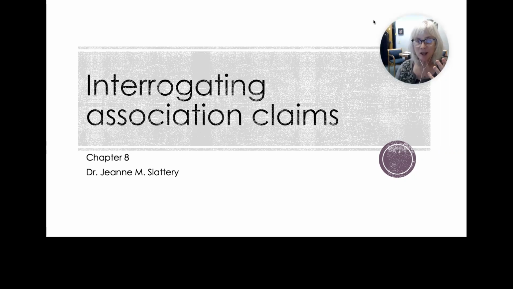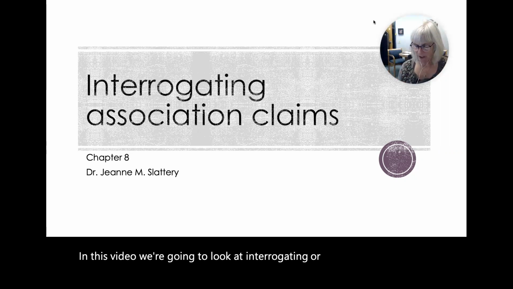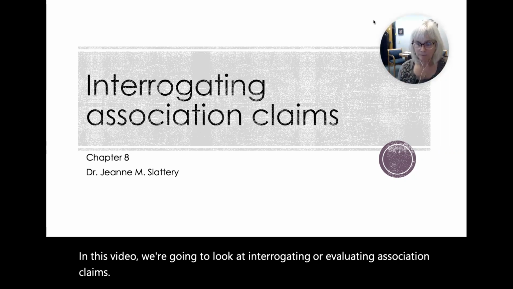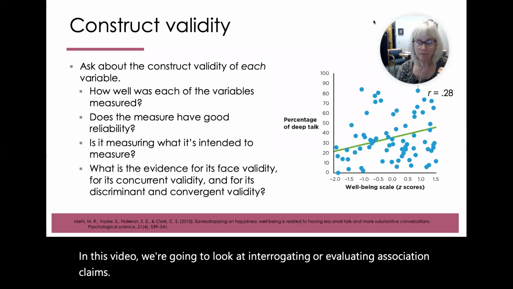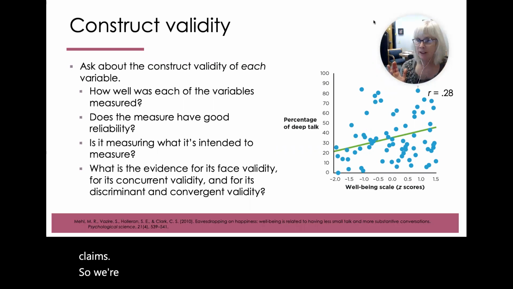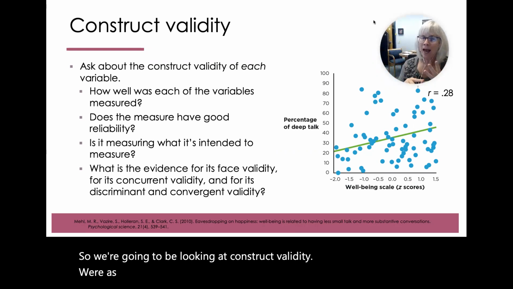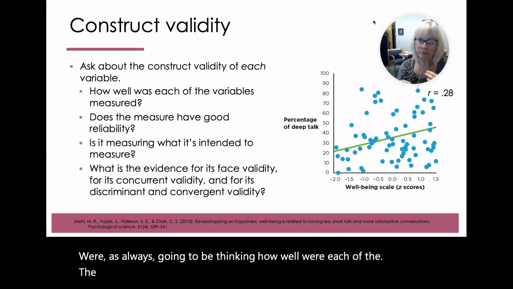In this video, we're going to look at interrogating or evaluating association claims. So we're going to be looking at construct validity. We're, as always, going to be thinking, how well were each of the variables measured?